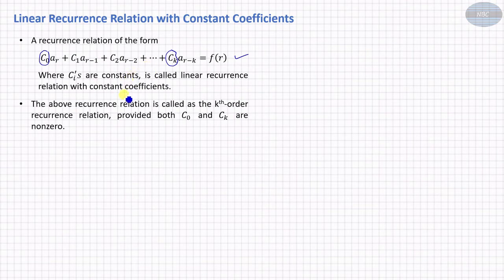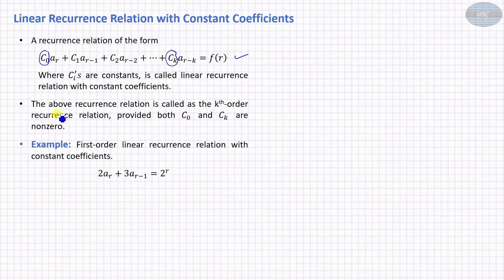Come to one example, the first order linear recurrence relation with constant coefficients. In place of k we have 1.